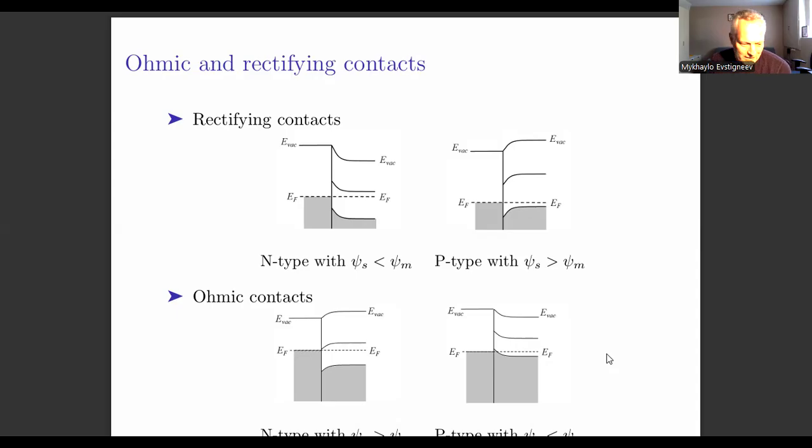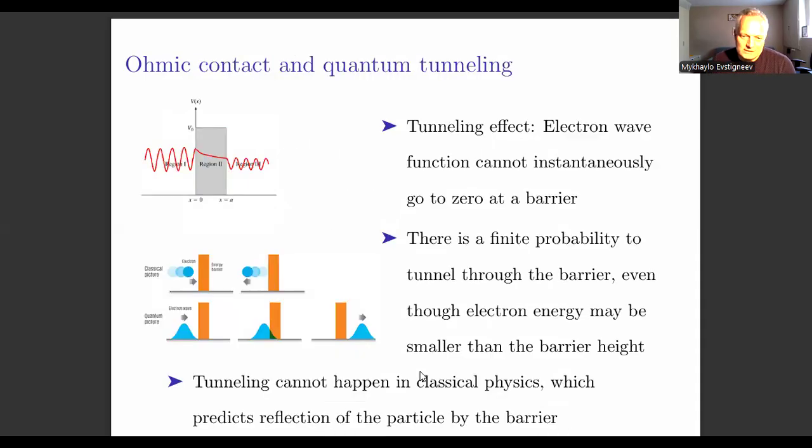And for that, how do you communicate with them? Well, you need to use metal wires. And so, of course, you need to produce a contact which would allow the current to flow both for forward and reverse bias with as little contact resistance as possible. And so that's why you need ohmic contacts.